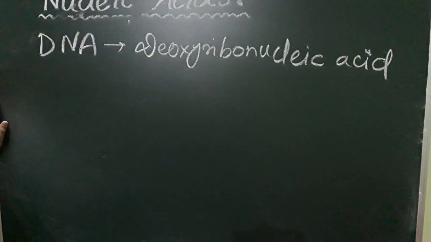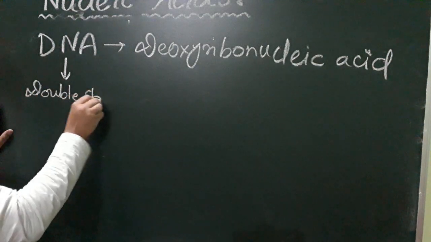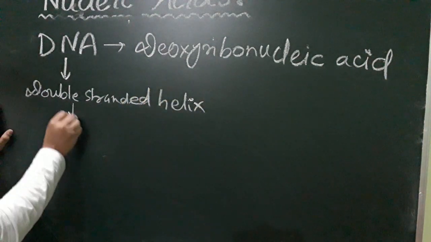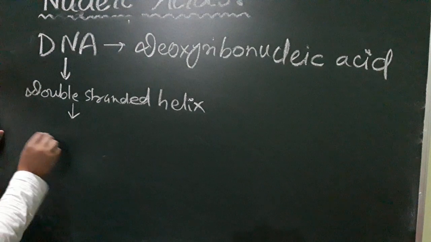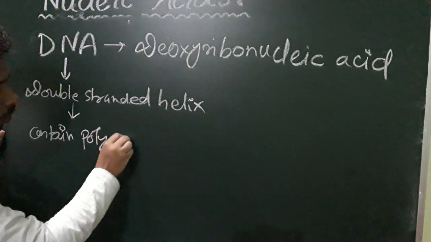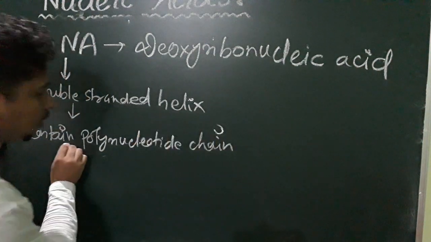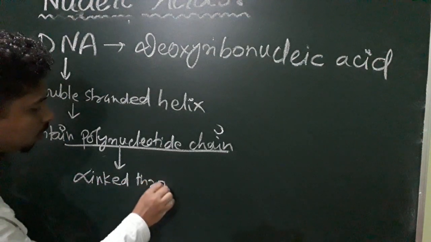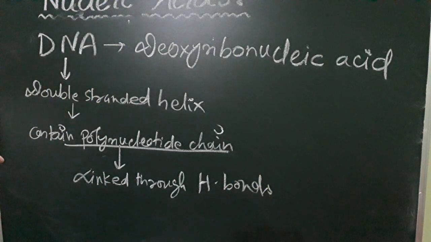Deoxyribonucleic acid. This DNA is a double-stranded helix, and in this double-stranded helix it will contain polynucleotide chains. These polynucleotide chains are linked through hydrogen bonds.